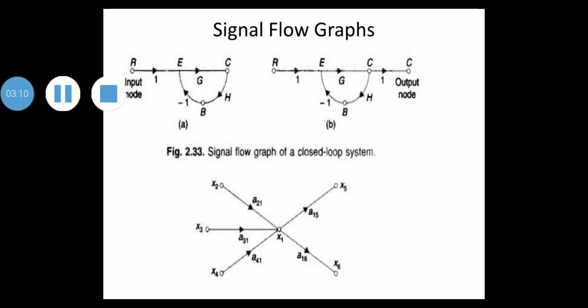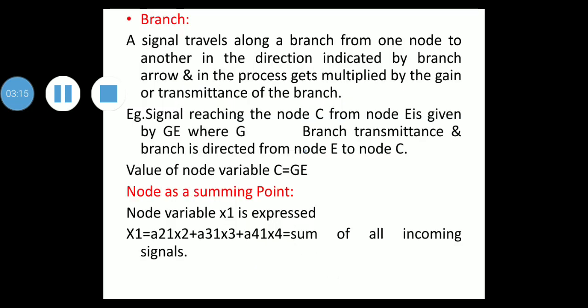Next we'll see the branch. In the diagram, a signal travels along a branch from one node to another in the direction indicated by the branch arrow, and in the process it gets multiplied by the gain or transmittance of the branch.